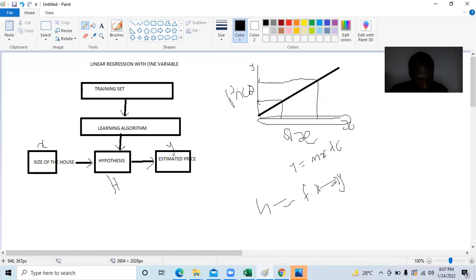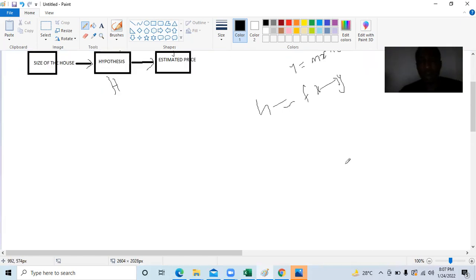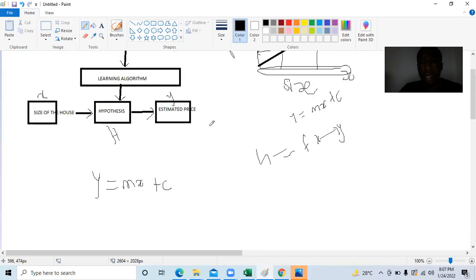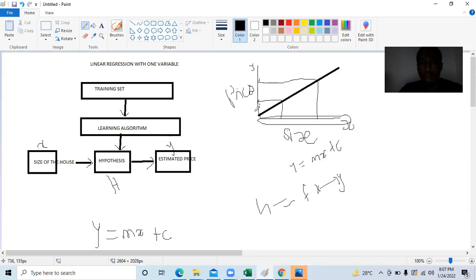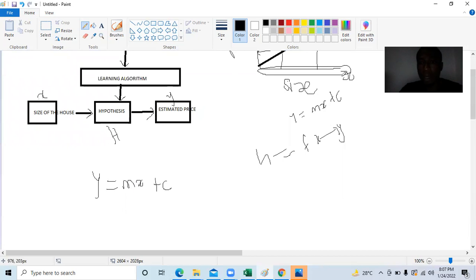I mean, that's obvious. But you know, in secondary school, we used to have y equals mx plus c, where y is what we have here, and x is what we have here, our input variable. m and c are constants. And in machine learning, we use theta to represent our constants.